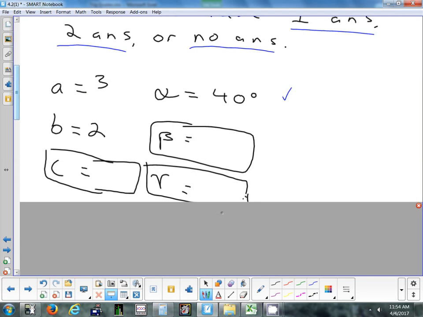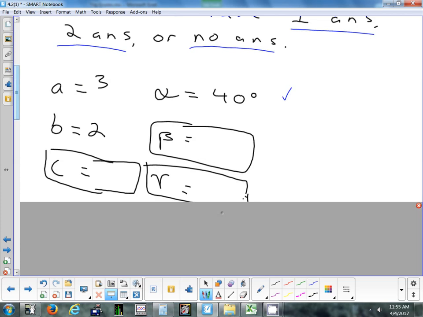So that means, what do I have to find first? No, we can't get C or gamma. We have to find, what is it? Beta. So this is the first time we've ever had a problem where you have to find something first. You have to get beta first. You have no other choice.